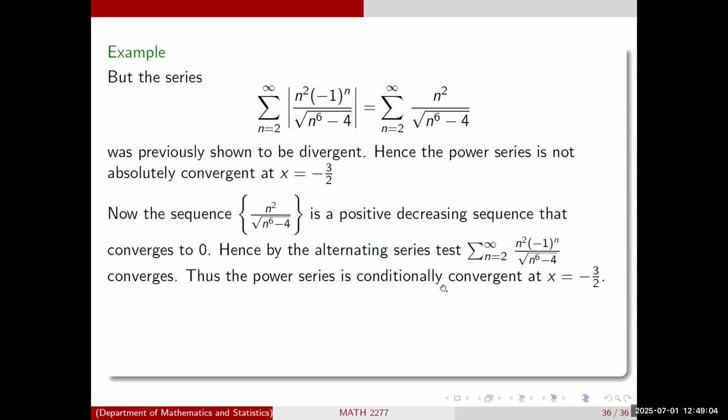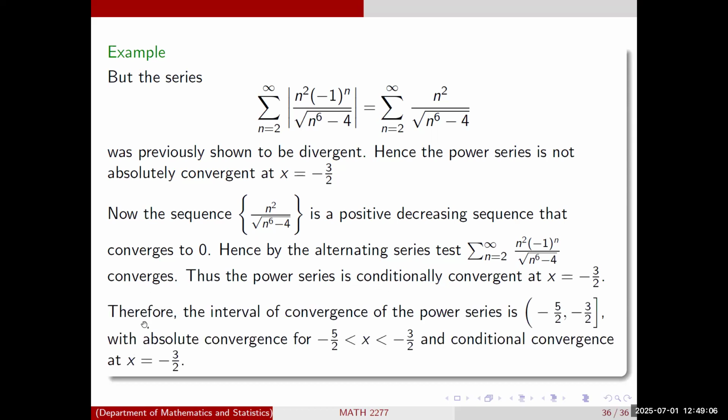Okay, so how to write all of that? Last final statement is, therefore, the interval of convergence of the power series is, so it's your original interval, but I need to add in this endpoint. So close the bracket here, add it in. With absolute convergence for x everywhere inside the interval, right?